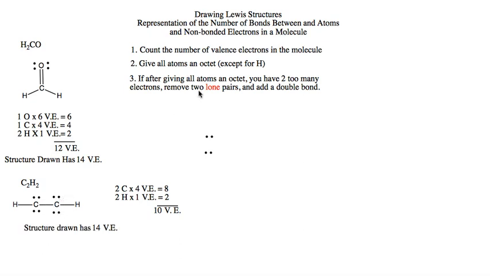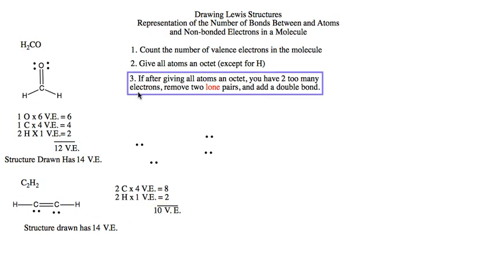So I go through this process one time and remove a pair of electrons from here and from here, and add an extra bond. I still have, if I count up my electrons in this structure, 2, 4, 6, 8, 10, 12, which is still too many.